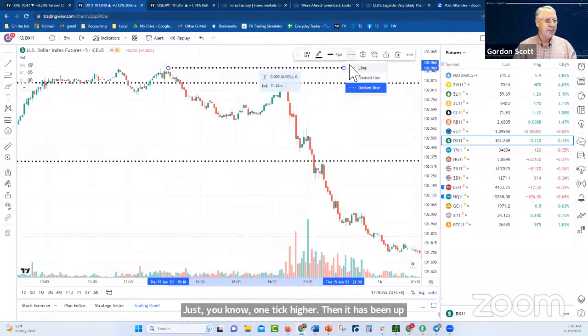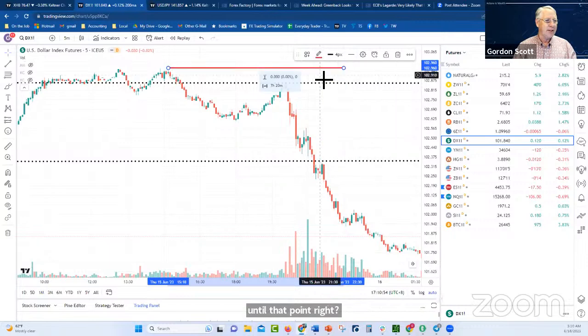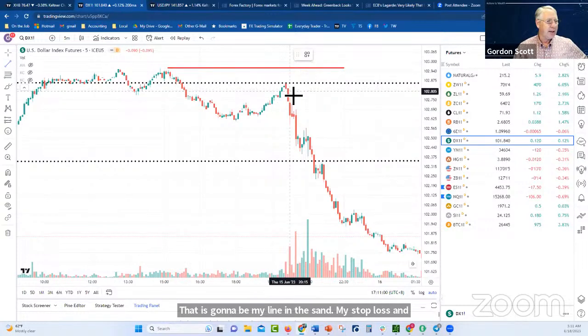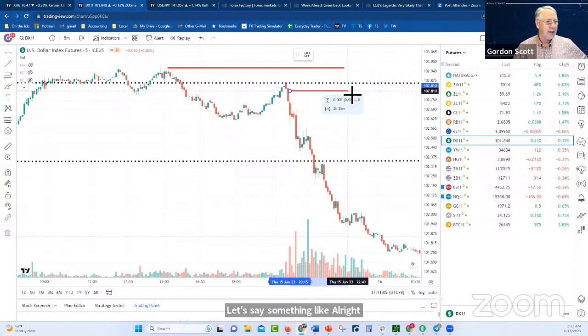That is going to be my line in the sand, my stop loss. And I'm going to try to get in, let's say something like right there. And I'm going to change that to blue. All right, so my entry is going to be at this level.